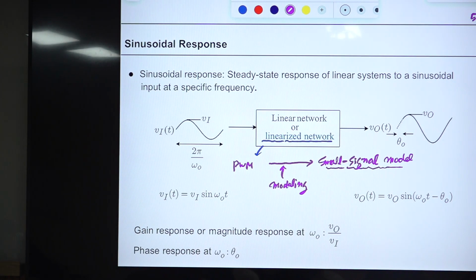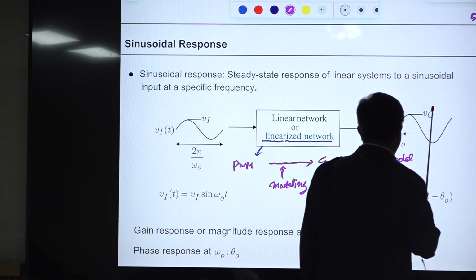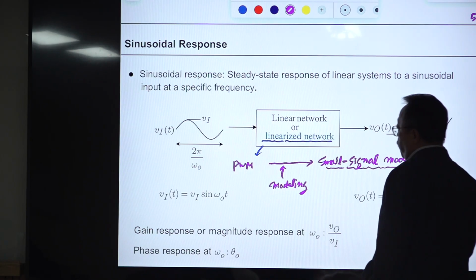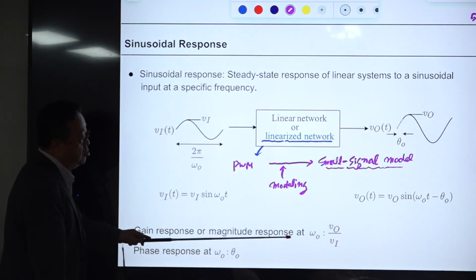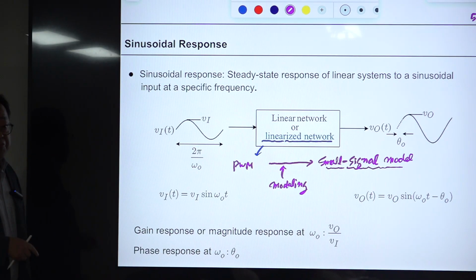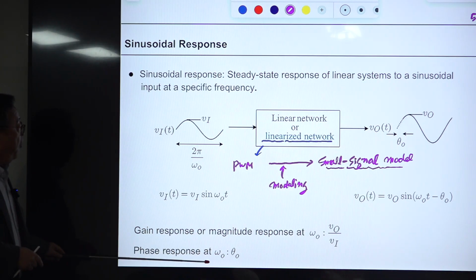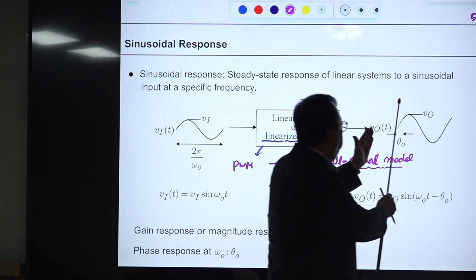So for this case, this is the input and this is the output. The ratio of VO to VI is called gain response or magnitude response at omega naught, at one specific frequency. And the phase delay: the input has zero phase and the output has this phase delay.